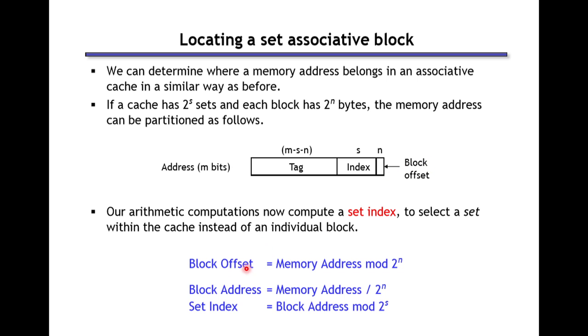To get the block offset, use memory address mod 2 raised to n. To get the block address, use memory address divided by 2 raised to n. For the set index, use block address mod 2 raised to s. These formulas can be used to access data from the cache. Thank you.